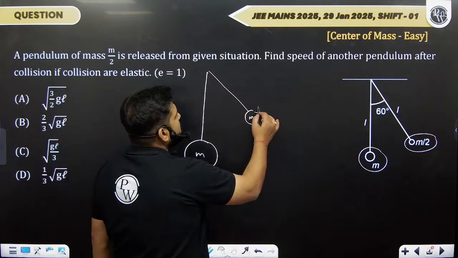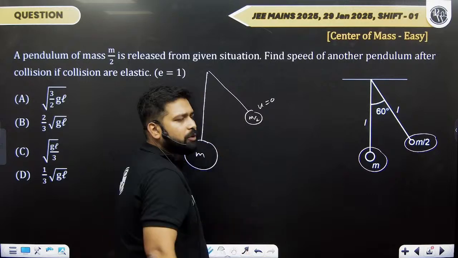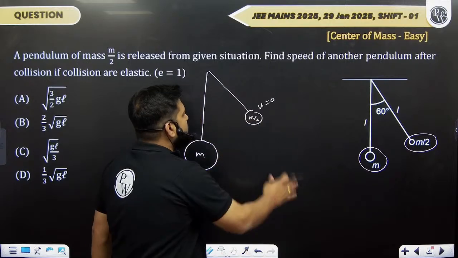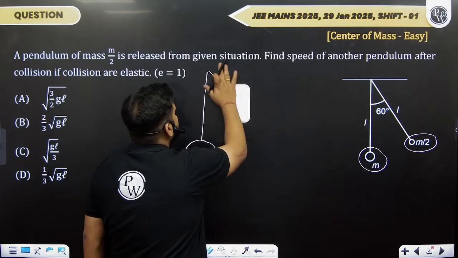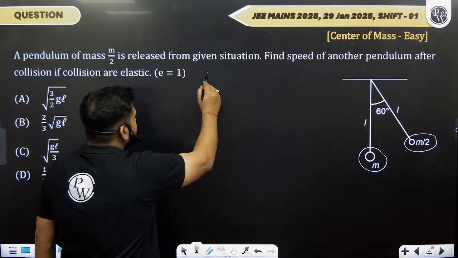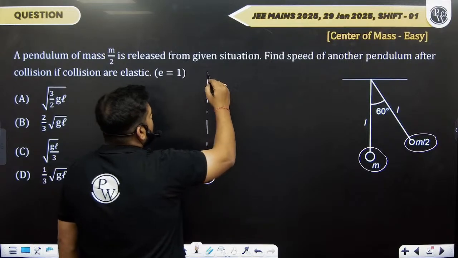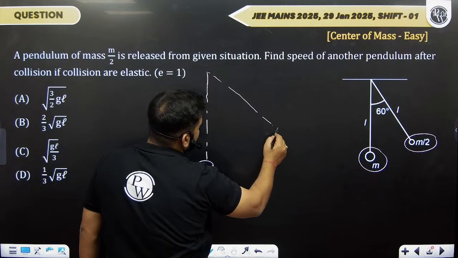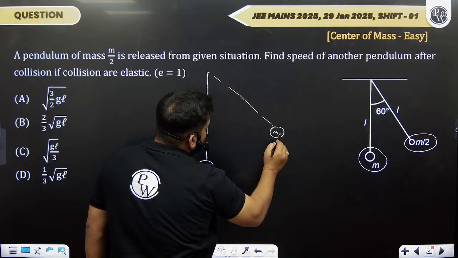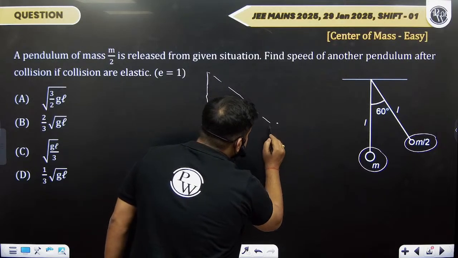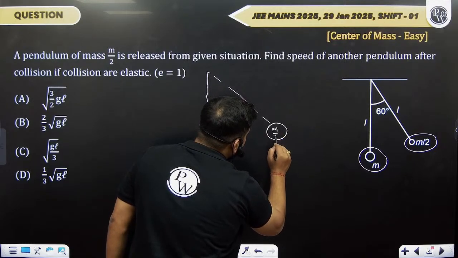What does it mean? Initially u is equal to 0 for this one. The moment it is released, it will start coming down. Let's make this line where you have the pendulum of mass m and the pendulum of mass m/2.